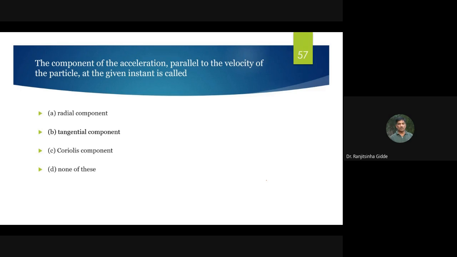The component of acceleration parallel to the velocity of particle at given instant is called? Who will give the answer? Which one is correct? Ajay, what is the answer? Radial.